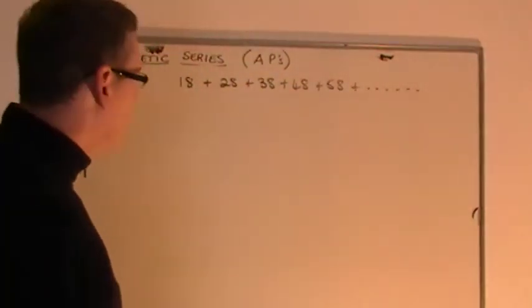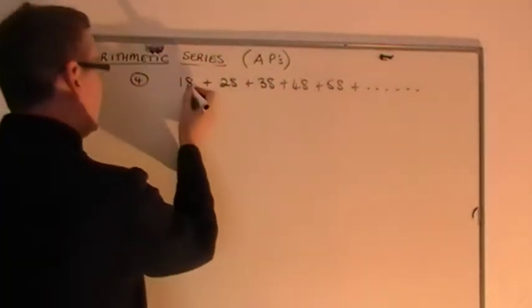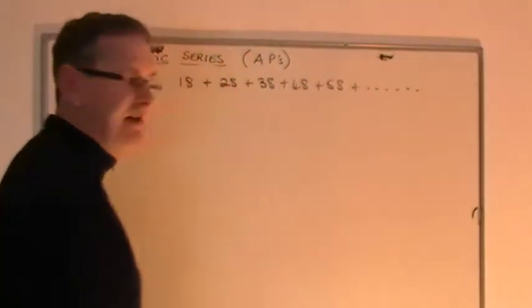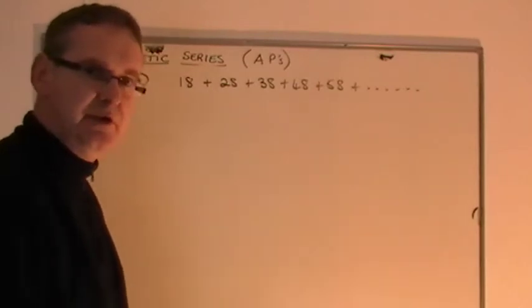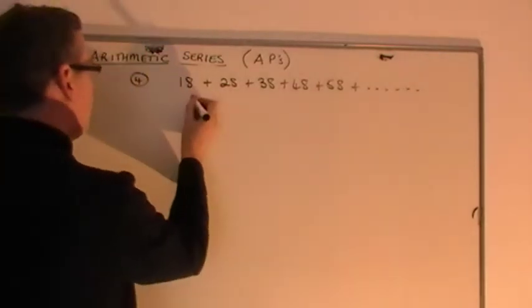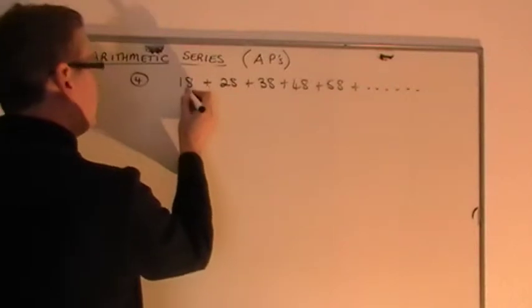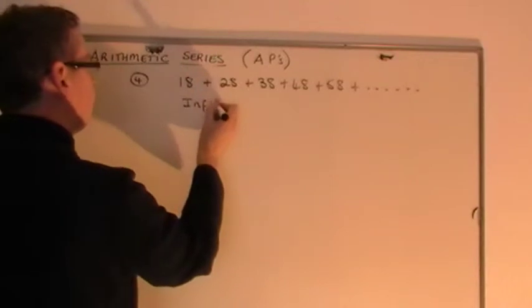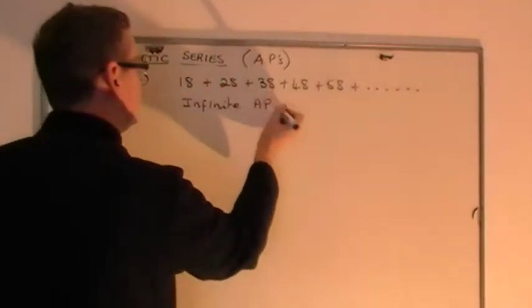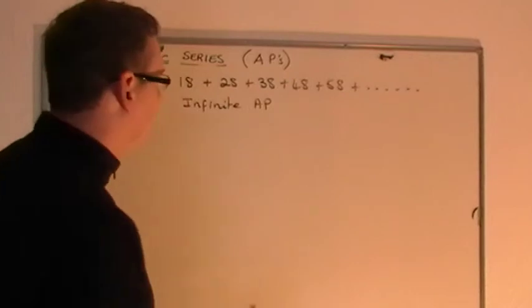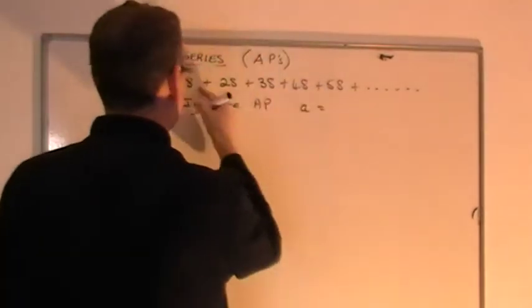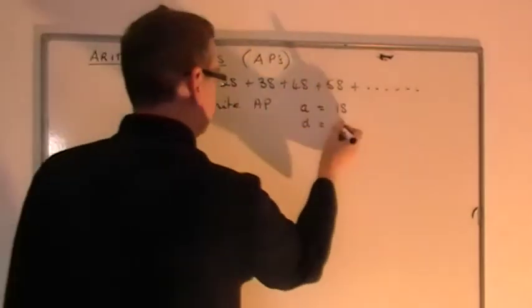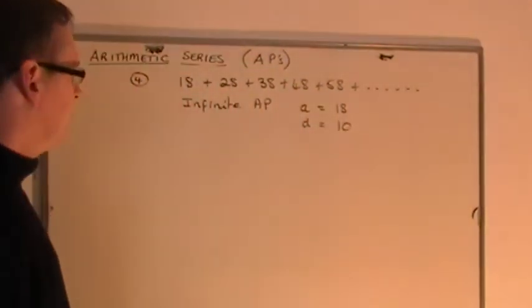In that case, we have a sequence of numbers being added together, and they differ in size by 10 each time, so you're adding 10 to go from one term to the next. So we do have an arithmetic series, but because it goes on forevermore, it's known as an infinite arithmetic series, or AP, arithmetic progression. The first term, a, would be 18. The common difference would be 10, since they're going up in tens.